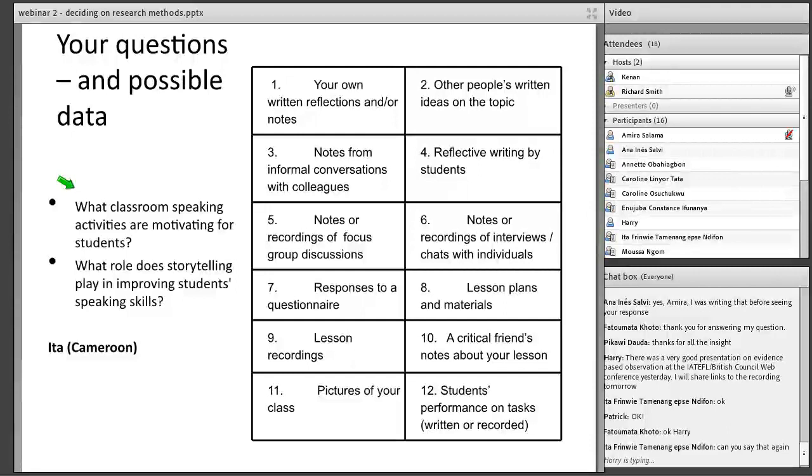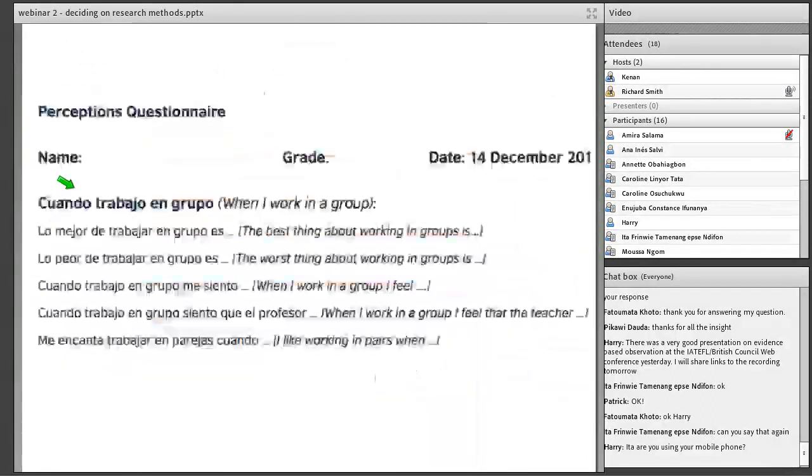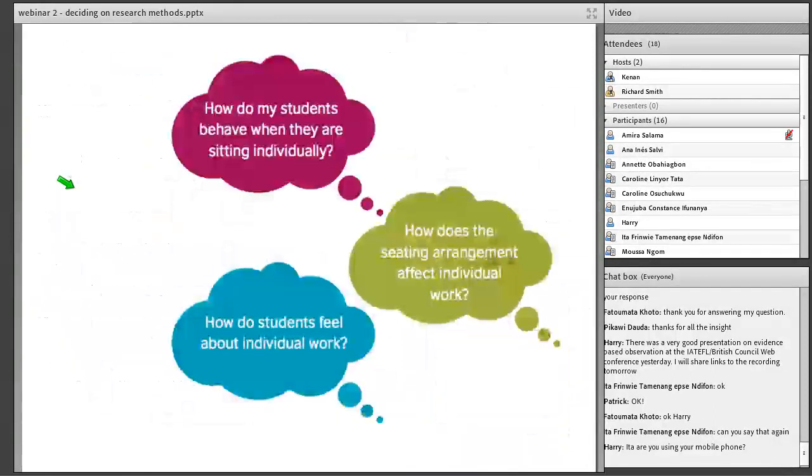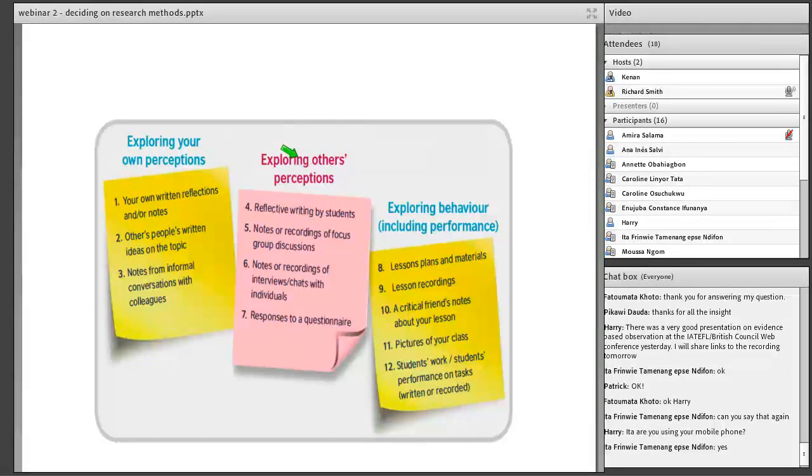Ita, what I think about your first question is that motivation is something that's inside students. Motivation is about students' feelings or students' attitude, isn't it? So if we go all the way back to those different kinds of data, it's about others' perceptions.